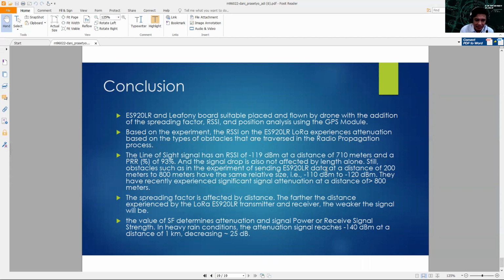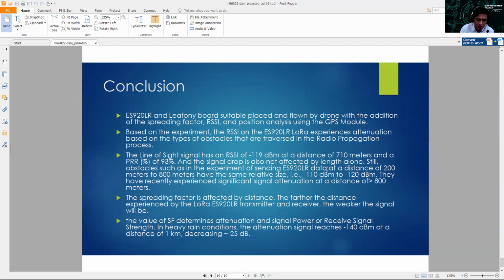They experienced significant signal attenuation at distances of more than 800 meters. The signal is affected by distance: the farther the distance between the LoRa ES920LR transmitter and receiver, the weaker the signal will be.